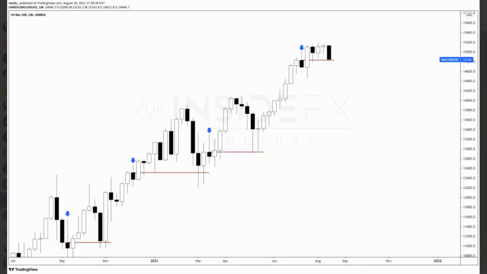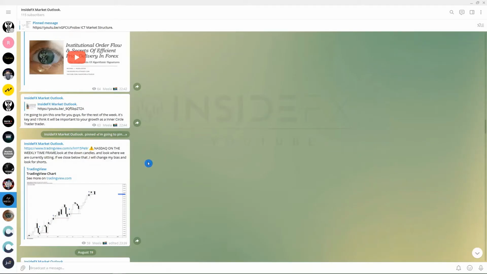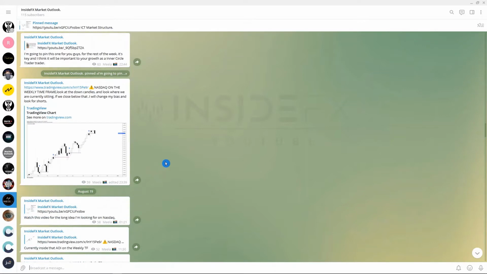But you don't just look at that alone. You have to look at other reference points to confluence with your decision making in taking the trade. All right, so this was how price was looking at that moment in time when I took this screenshot. I just marked that out for the members in the Telegram channel.